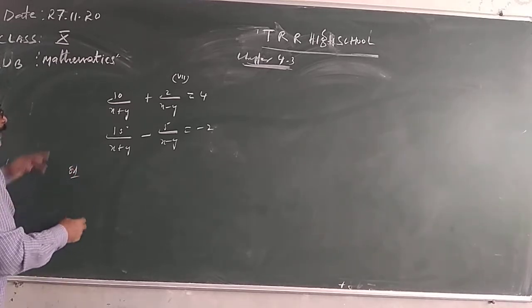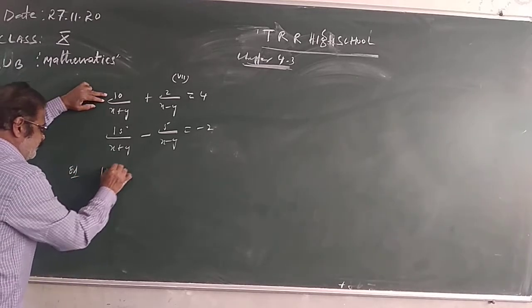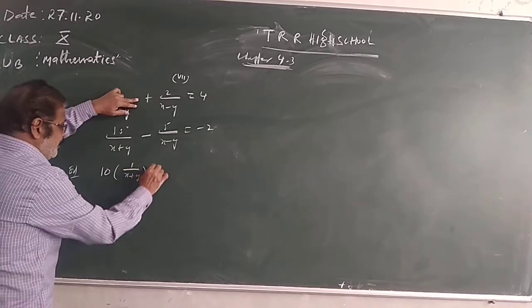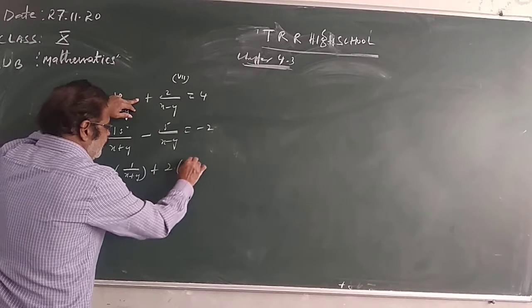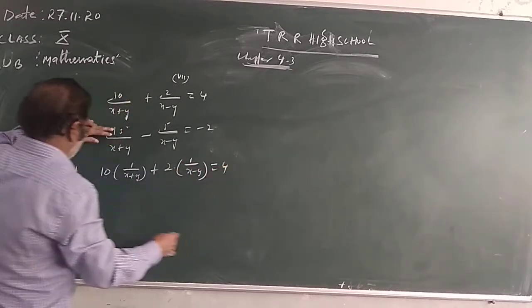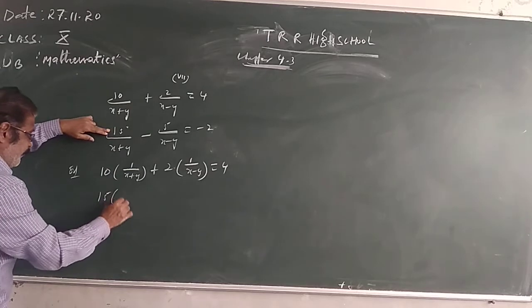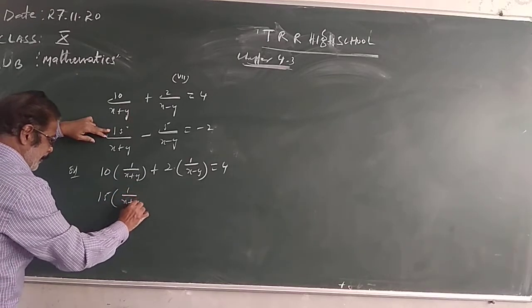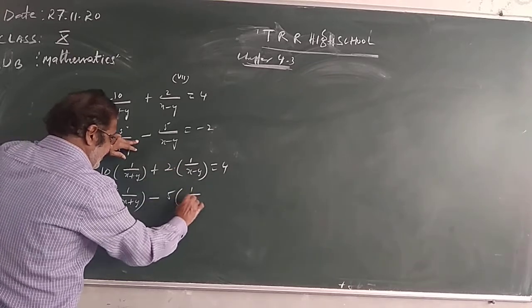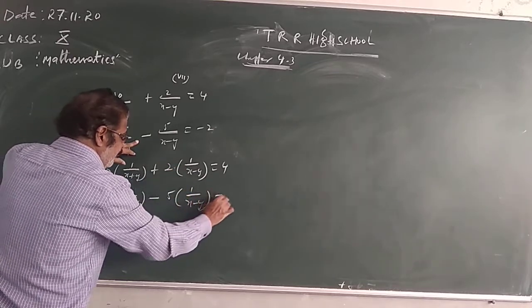So this can be written as: 10 by x plus y means 10 into 1 by x plus y, plus 2 by x minus y means 2 into 1 by x minus y, is equal to 4. 15 by x plus y means 15 into 1 by x plus y, minus 5 by x minus y means 5 into 1 by x minus y, is equal to minus 1.